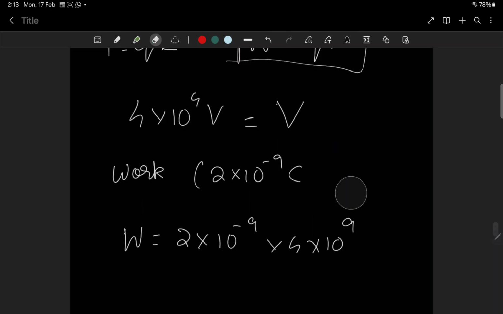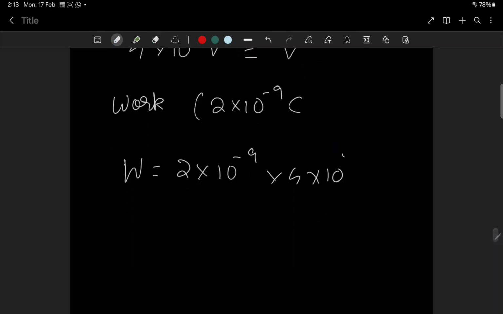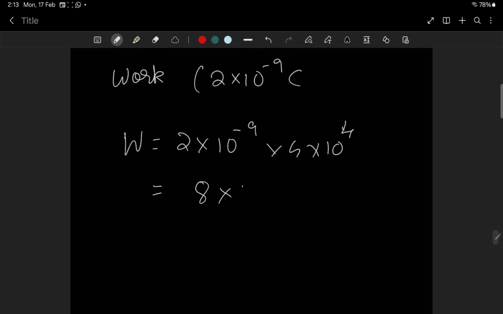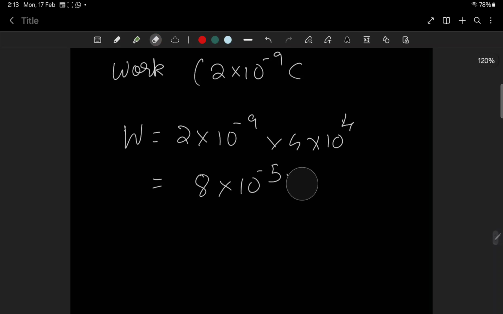Sorry, 10 raised to 4, not 9. So minus 9 plus 4 gives minus 5. So 8 into 10 raised to minus 5. Sorry, it's work done, right? So joule. It's very important to write it like this.